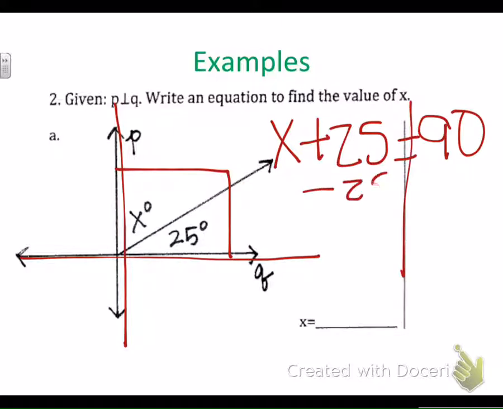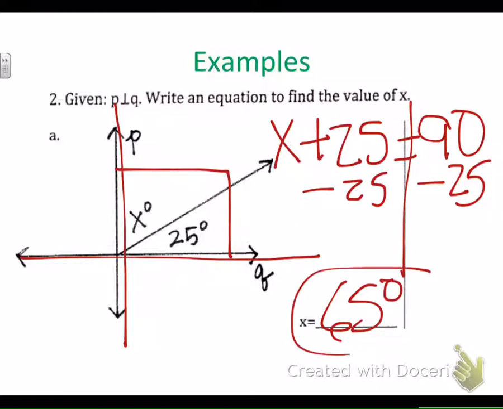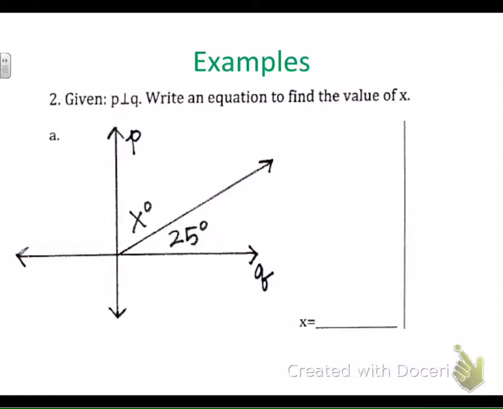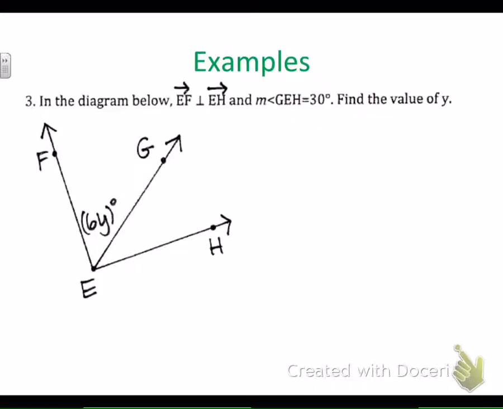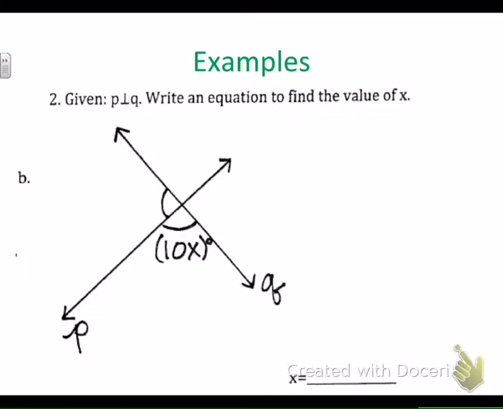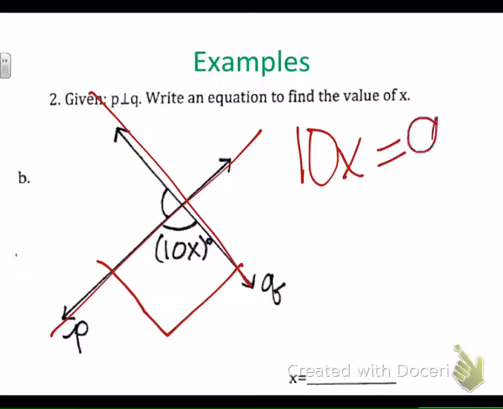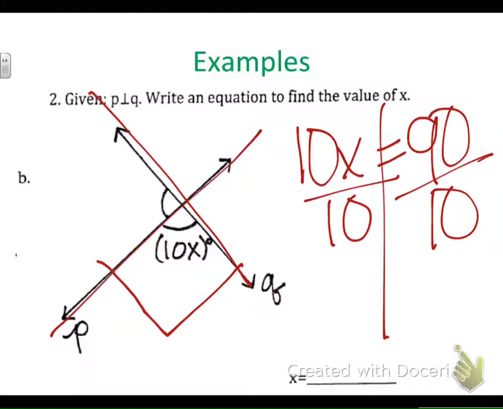Subtract 25 on each side, so X is equal to 65 degrees. Next equation. We know P and Q are perpendicular, so this would be a right angle, which equals 90 degrees. So we could say 10x is equal to 90, divide by 10 on each side. So x is equal to 9.